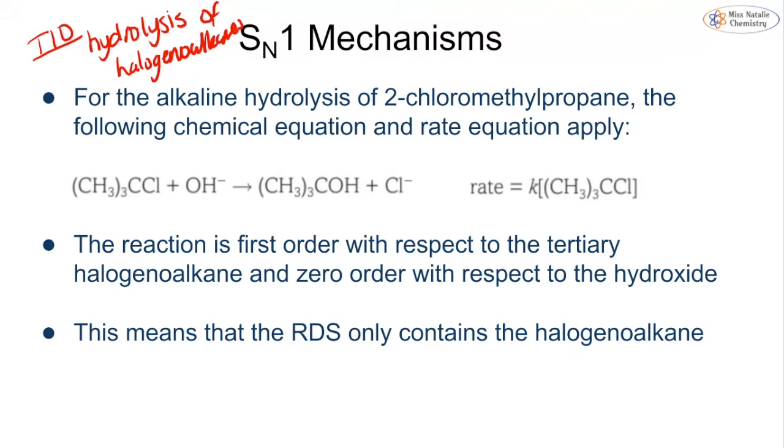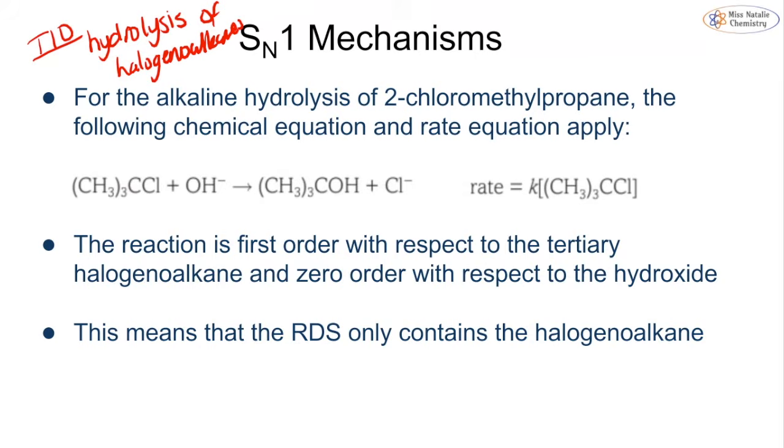And at the time, what we said was that tertiary were the fastest, followed by secondary, followed by primary. And we said at the time, you do not need to be able to explain why. This is going to go into a little bit of detail as to why, and it is to do with the type of mechanism that they undergo.